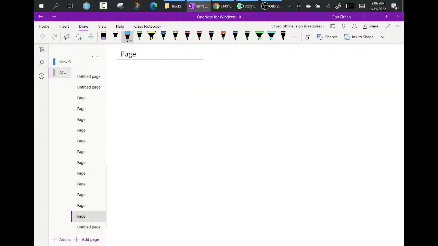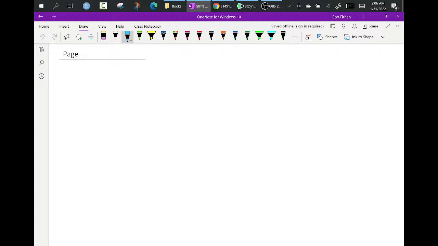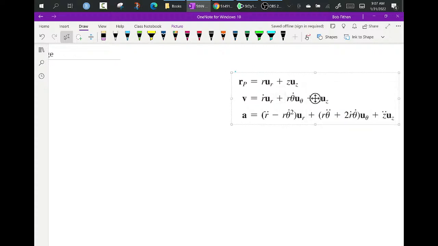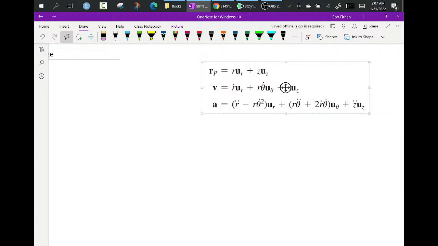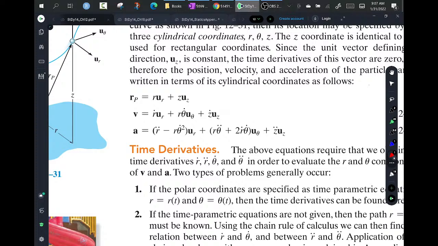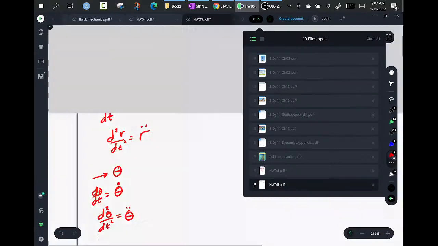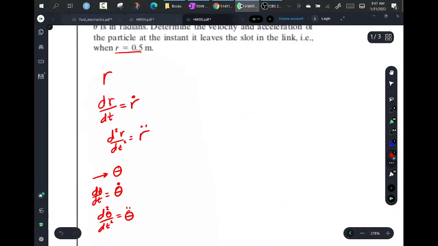Actually, this might be a better place to work it anyway. So what I'll do is have that for reference. I'll go back over here and find the problem, which I think is it.